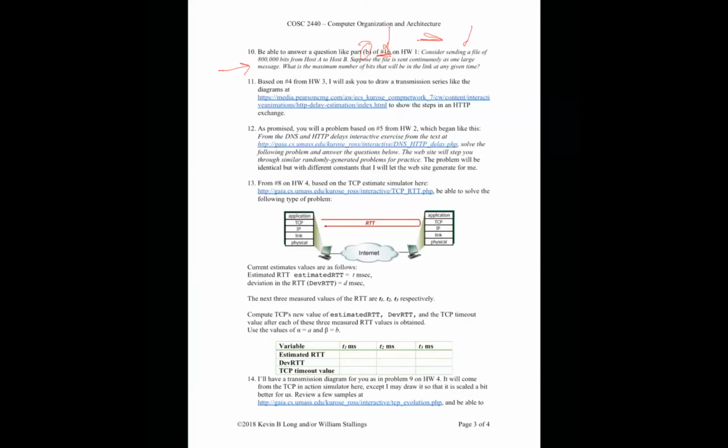How many bits per second can I send? Is it 1,000 bits a second? Okay. How many bits can I send in 40 milliseconds? 40 thousandths of a second. And then look at your packet size. Let's say that comes out to be, I could send 400 bits in that amount of time. Okay. Is my packet bigger or smaller than 400 bits?